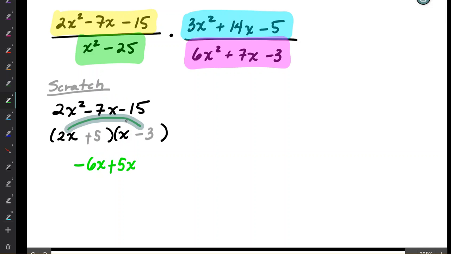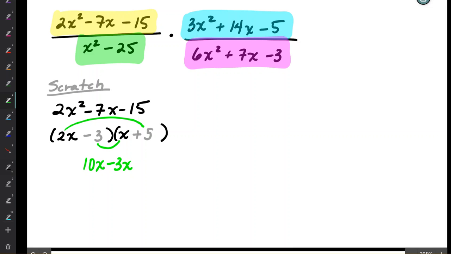So maybe the 3 is over here. Maybe we have a minus 3 and a plus 5. We'd get 10x when we do 2x times 5, minus 3x. Oh, that's close. 10x minus 3x is positive 7x, and I need it to be negative 7x.